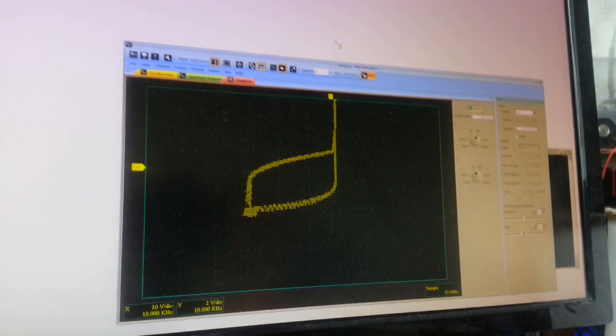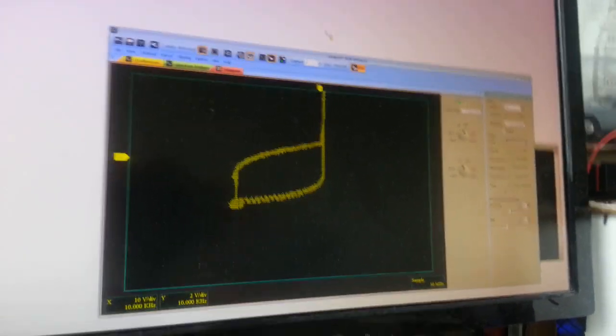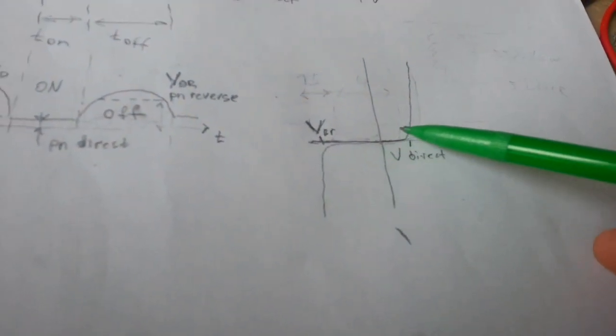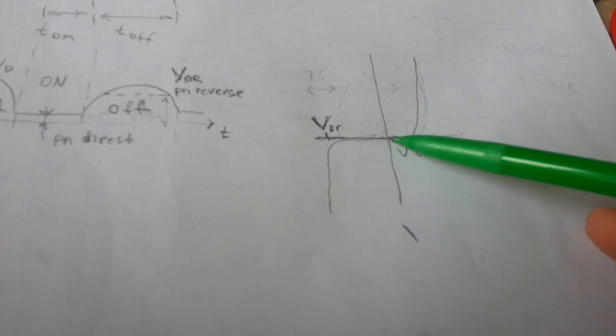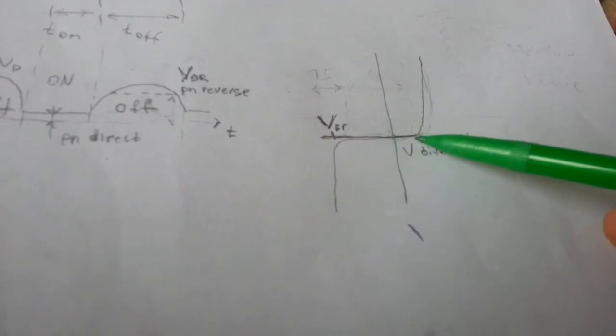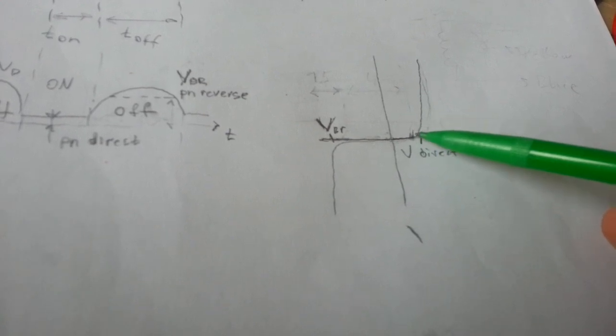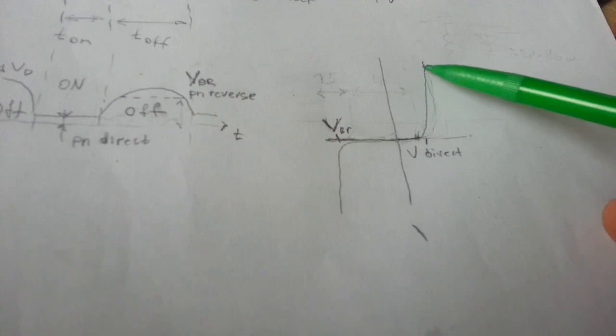And just for reference, I'm going to show the curve I was expecting to see. So this is the curve. This is the direct connection of the diode. Once we overcome this voltage, approximately 0.7 volts for different types of diodes, we have this exponential growth of current.